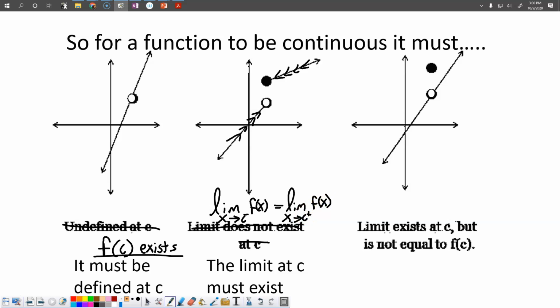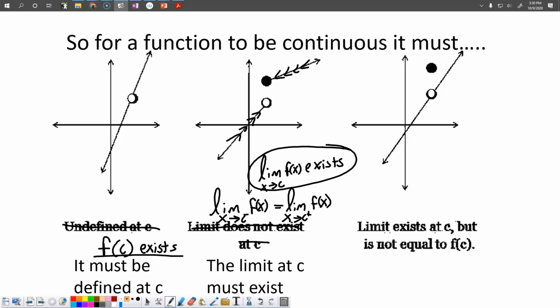And now there's a shorter way to write that, by the way. The shorter way to write that is like that. Because if the limit from the left and the right are the same, that just means the limit exists.